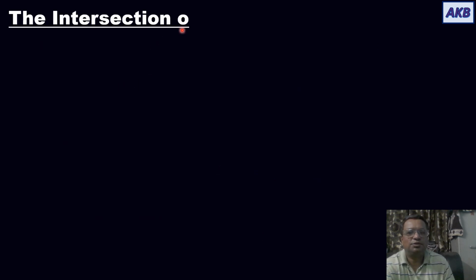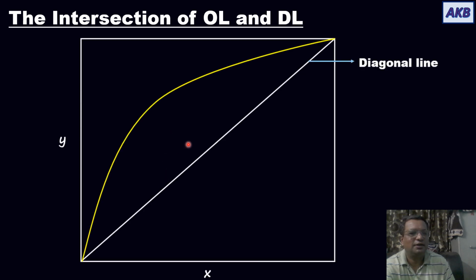So we are looking at the intersection of the operating line and the diagonal line. This is the distribution diagram, or the equilibrium diagram, and this is the equilibrium curve. Now let us plot the operating line.